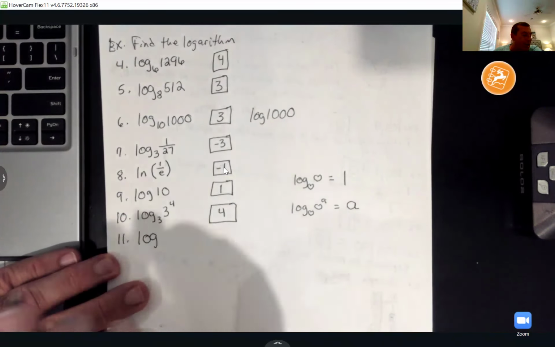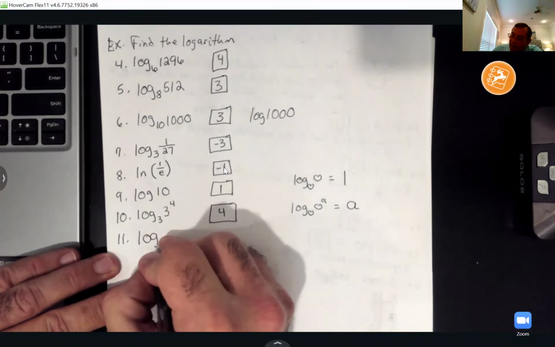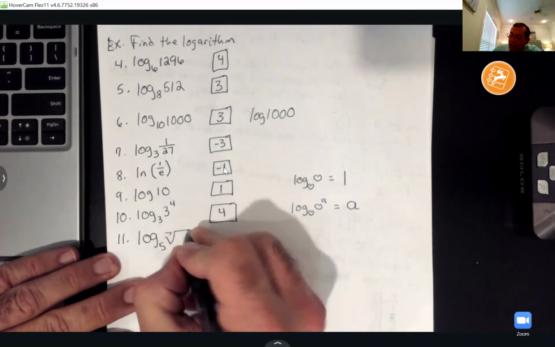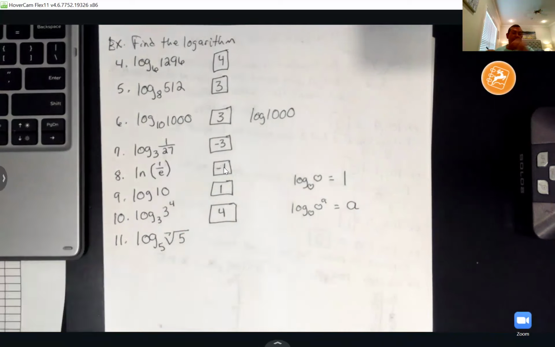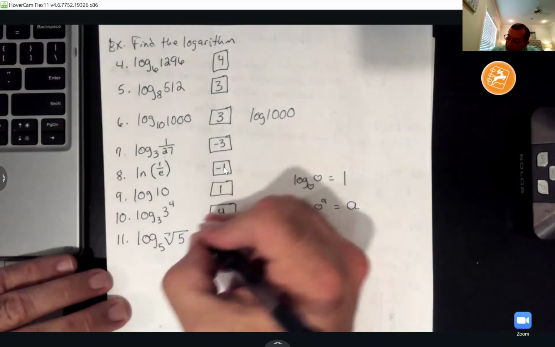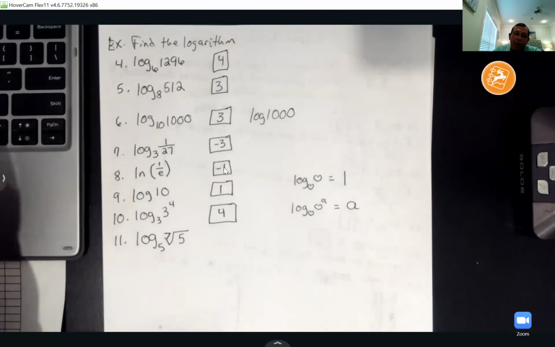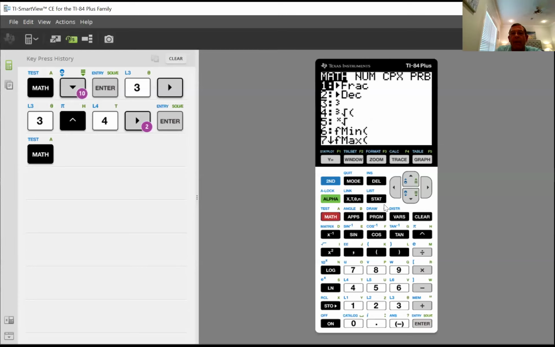All right, y'all, so this one I'll have to show you. Log base 5 of the 7th root of a 5. So this is the 7th root. Now I'm going to show you something on my calculator first. Let me share my calculator. If you hit the math button and go down to number 4, that one is a cube root.